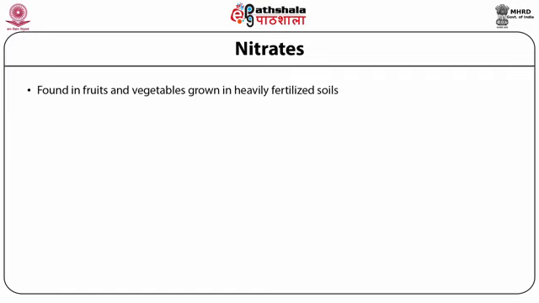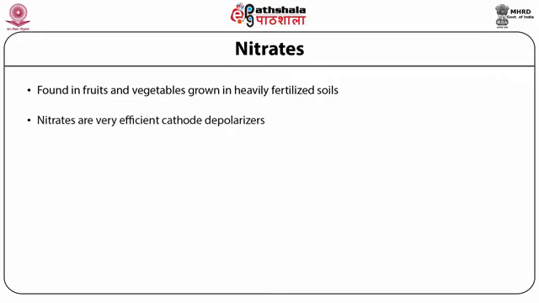They are found in fruits and vegetables grown in heavily fertilized soils. Vegetables such as green beans, spinach, turnips, lettuce, beets, and radishes have been shown to occasionally contain several thousand milligrams per kg of nitrates.